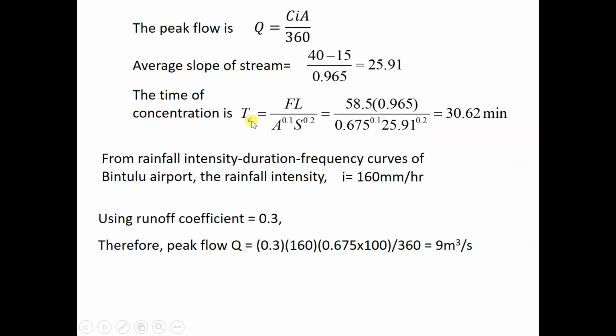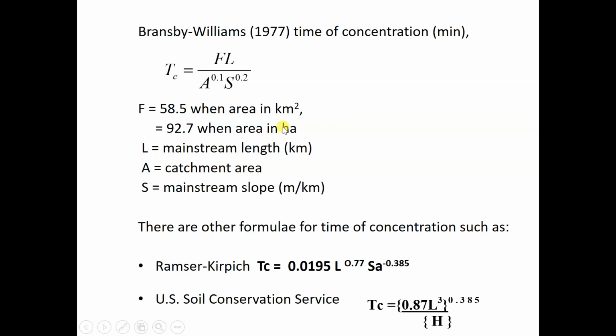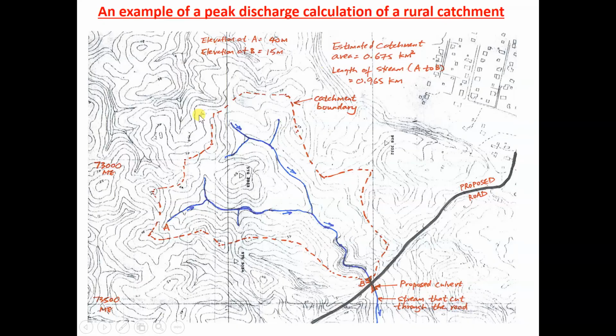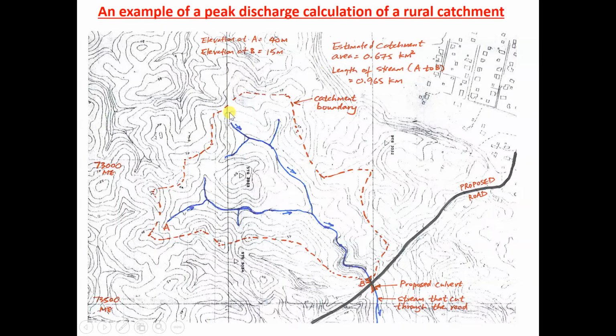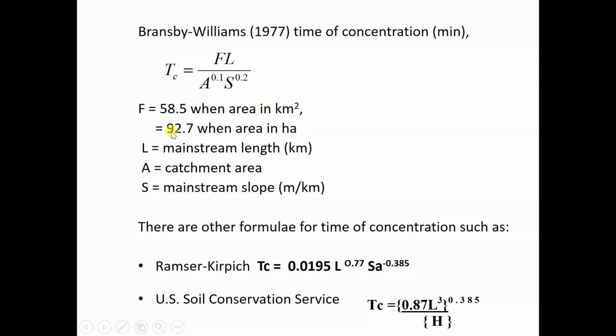The time of concentration is 0.1 FL divided by A^0.1 S^0.2. In this case, when we use the area in square kilometers, we use 58.5. So we're going to use the area in square kilometers, because 0.675. If you want to use hectare, then you have to use 92.7.